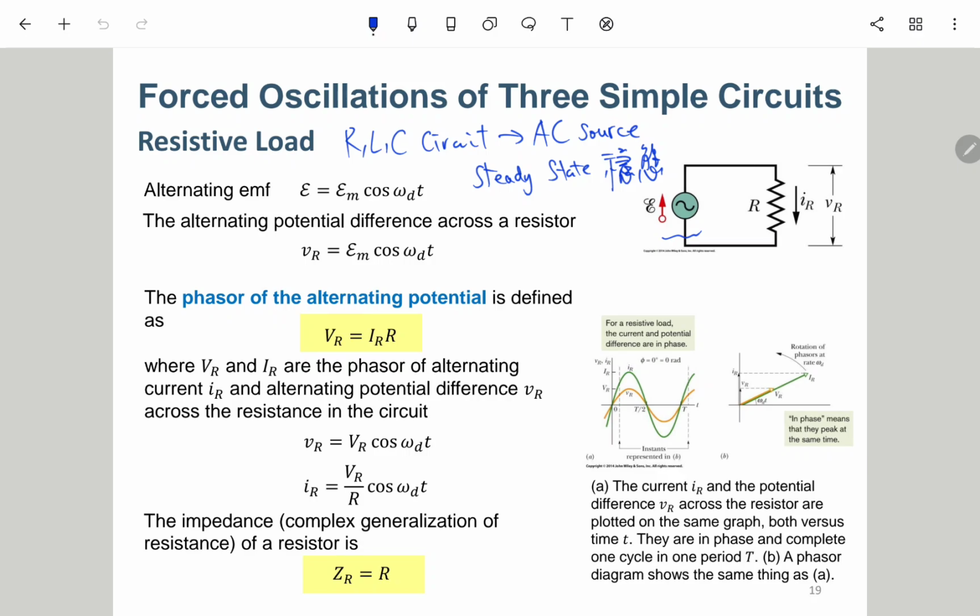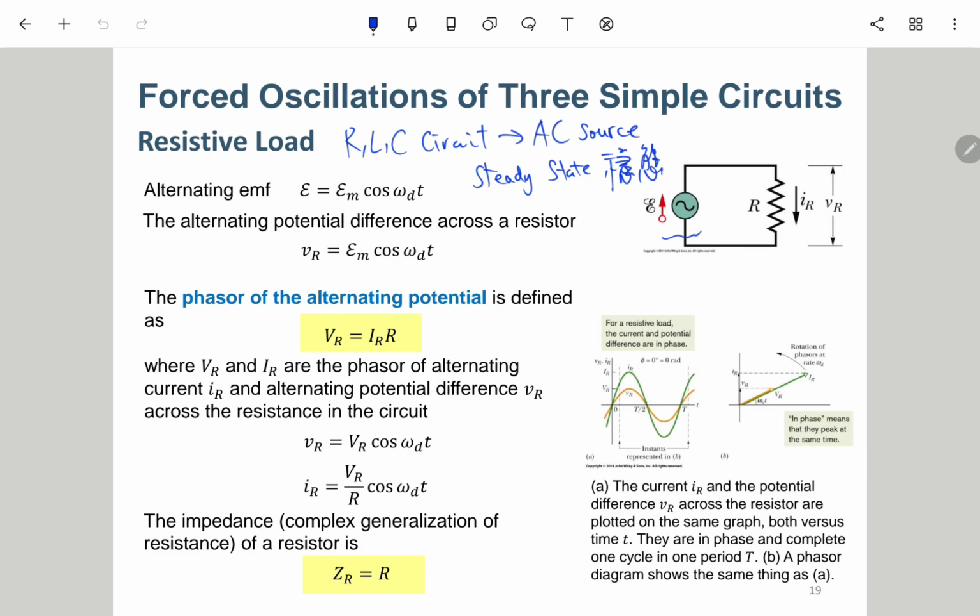You may consider this very stupid, because for a resistor, it is nothing but V equals IR. We don't need to define so many things. But this is just a beginning, so we still want to include R in the phasor world.